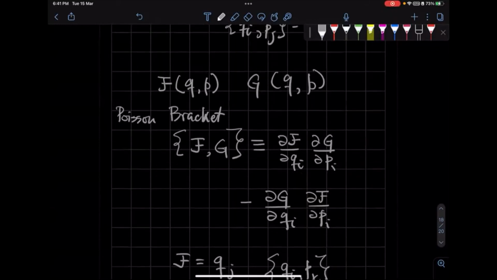So now this Poisson bracket, from its definition, is actually antisymmetric, right?